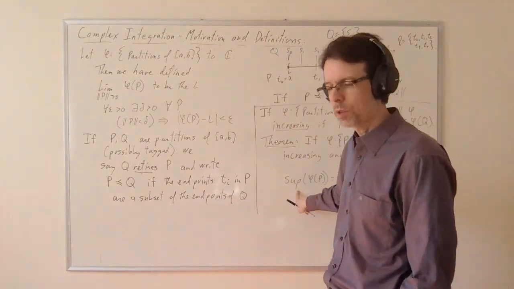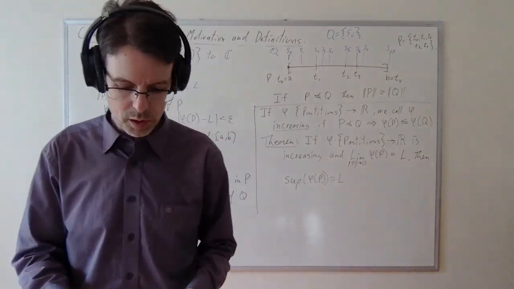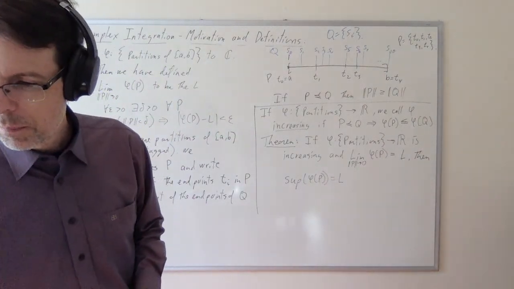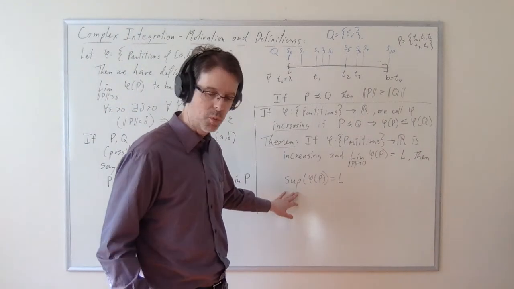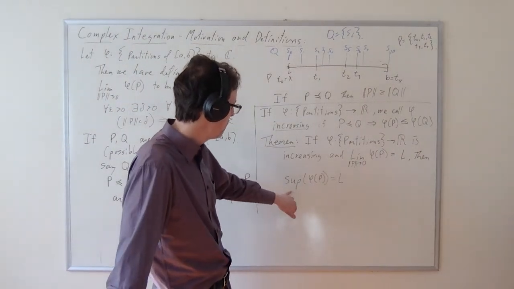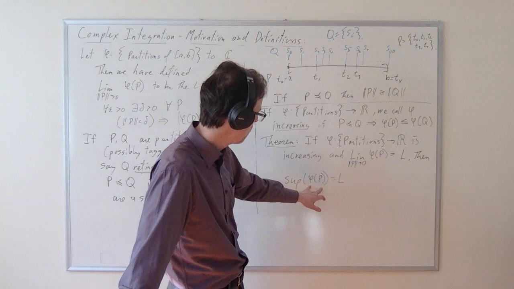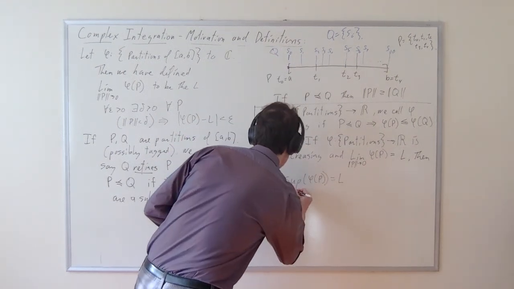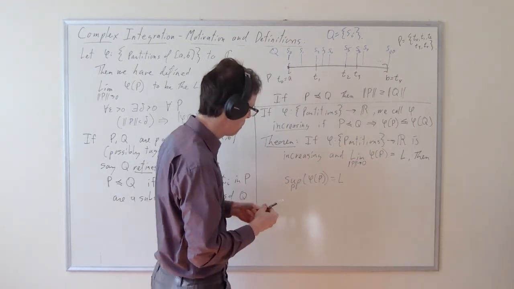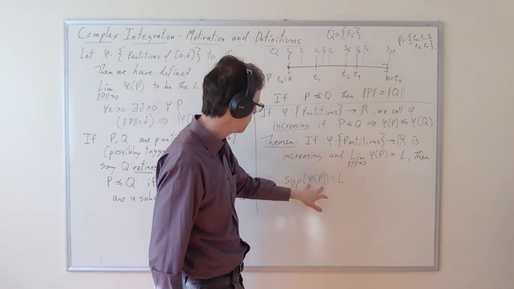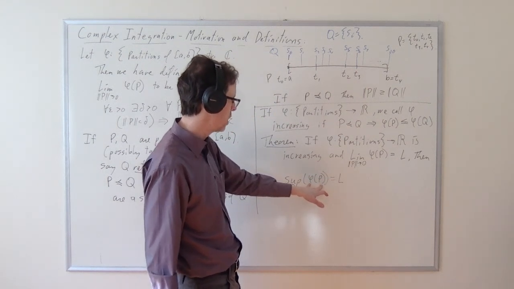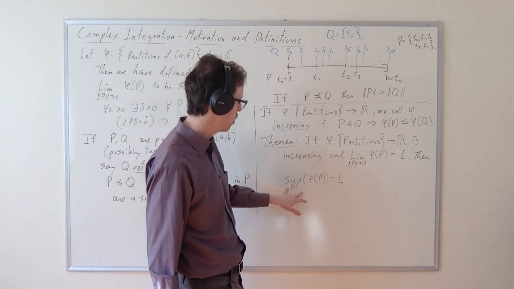Do I need to give a special definition of the supremum for this crazy case where we have partitions? No, actually, that is the regular supremum. This is the supremum over all p here, right? But as p varies, phi of p varies within the reals. So this is basically a subset of the reals, and we're taking the supremum of that subset.